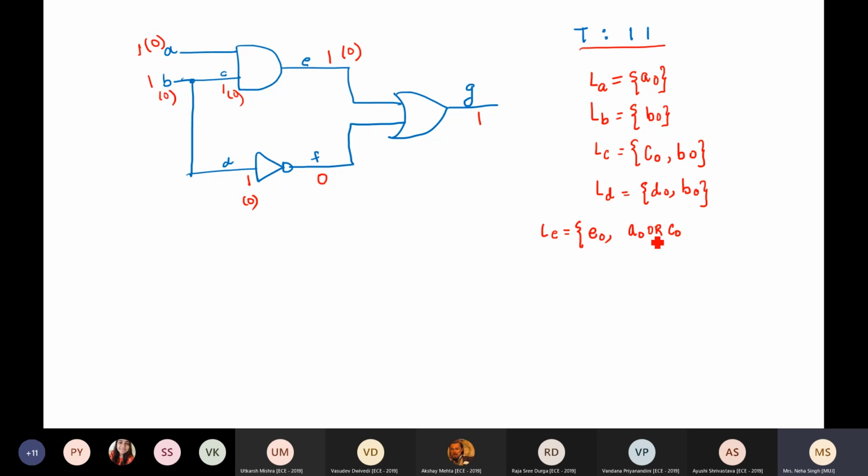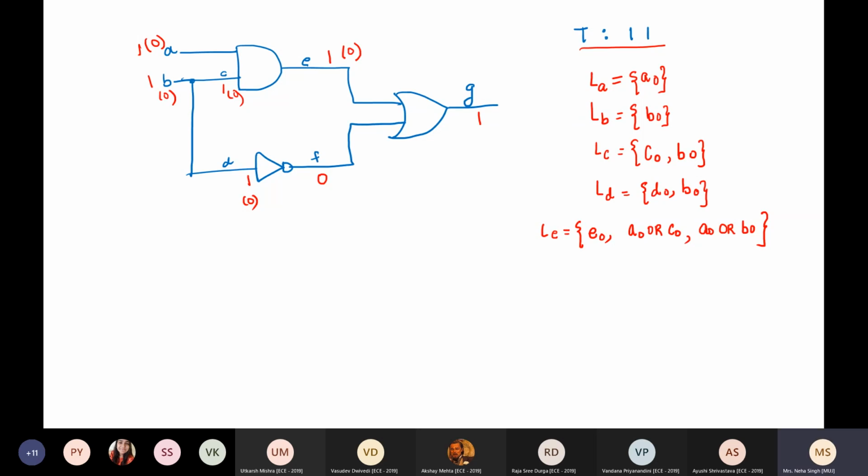Either A is 0 or C is 0. ठीक है. इसके अलावा B भी अगर 0 हो गया, then it will be propagated to C. So B stuck at 0 और A stuck at 0, दोनों में से एक भी अगर हो जाए, then also there will be a problem.